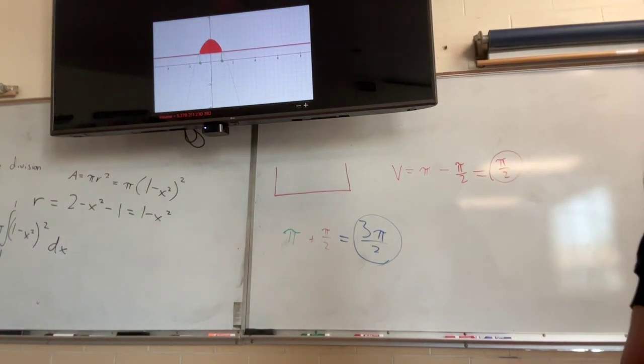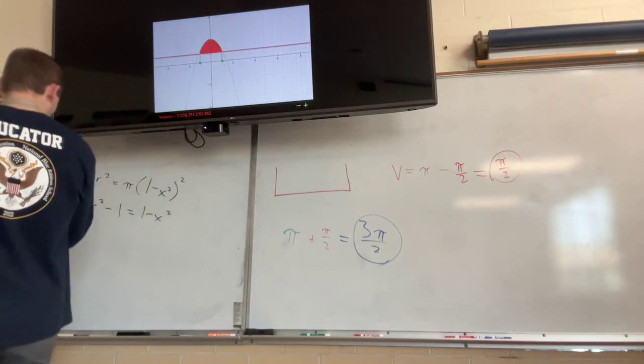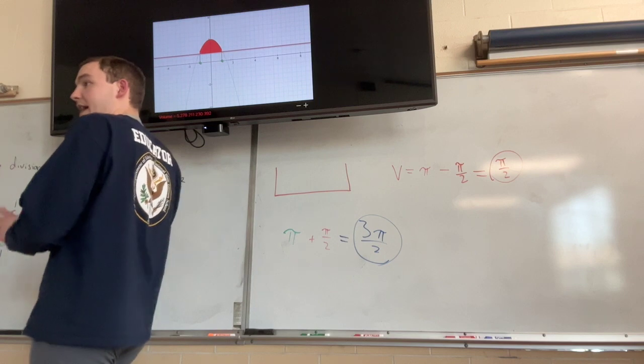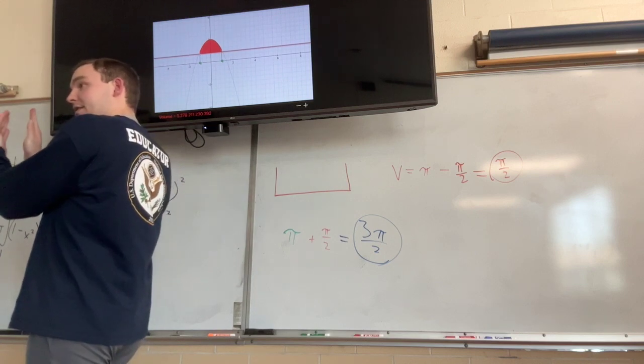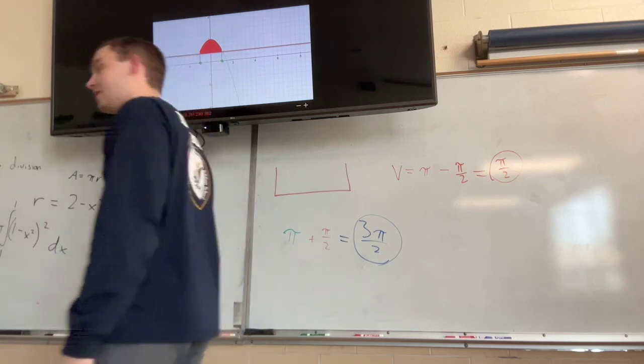Why is there a pi on the integral? So here's my radius, 1 minus x squared. I need to find the area of each circle and then add all the areas up. Area is pi r squared. So let's do this integral together.